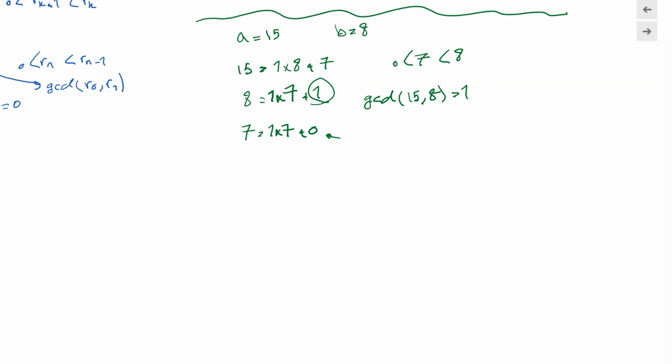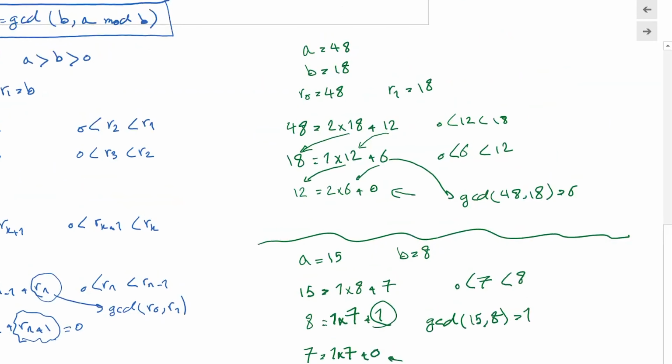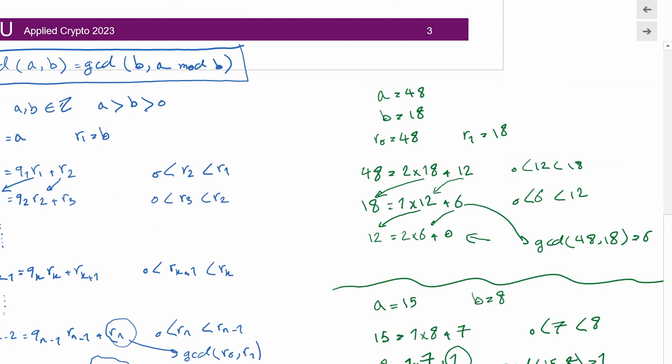So it looks like this is very interesting, and with some small logic, we can quickly find the GCD of any two integers using this formula. And in fact, this is one of the most efficient ways to do this computation.